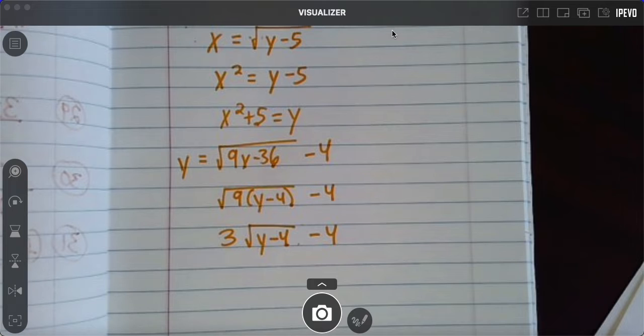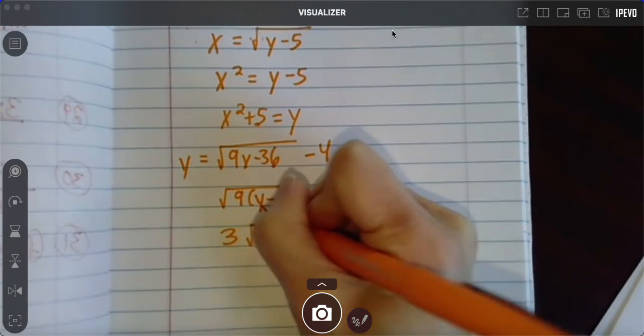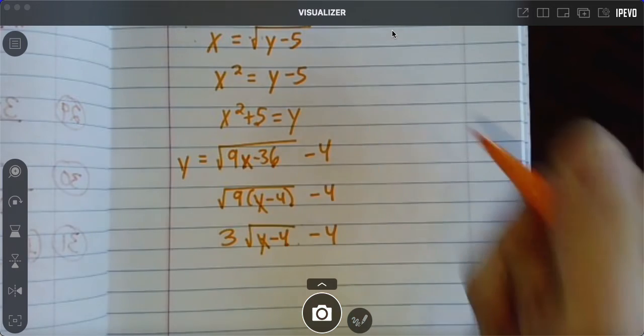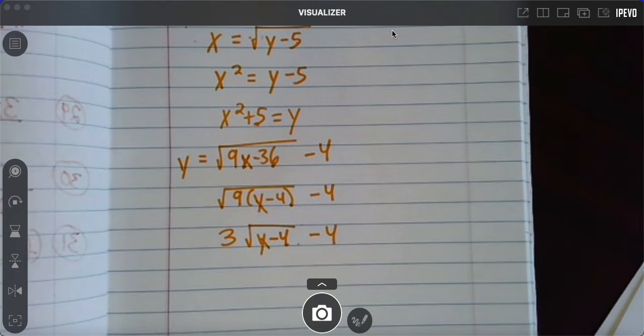Now I know where my graph moves. I'm sorry, y'all, that's supposed to be an X. So where is it translated? It moves to the right 4 and down 4. That's why it's D.